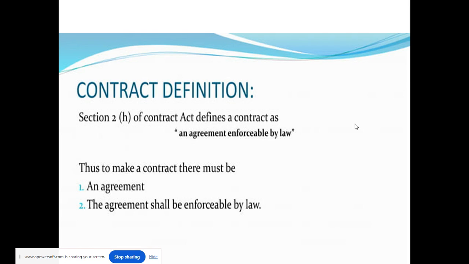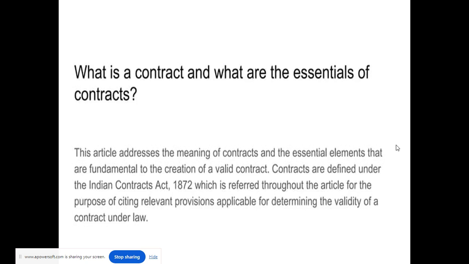For that contract, there are certain definitions involved. The relation is related to the agreement, and that agreement shall be enforceable by the law. So, what is a contract and what are the essentials of a contract?